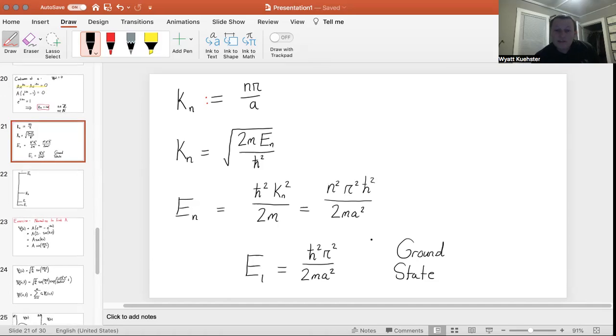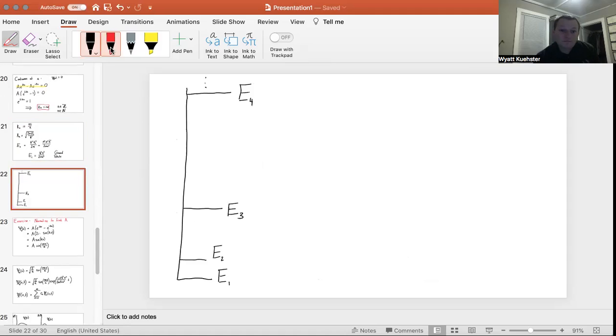So the lowest energy we can possibly have is h bar squared pi squared over 2ma squared. And then the next energy up is 4 times bigger. And then the next energy above that is 9 times bigger than E1. And then E4 is 16 times bigger than E1.